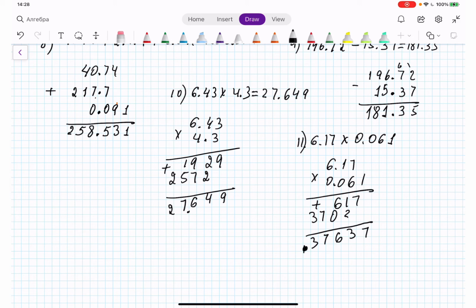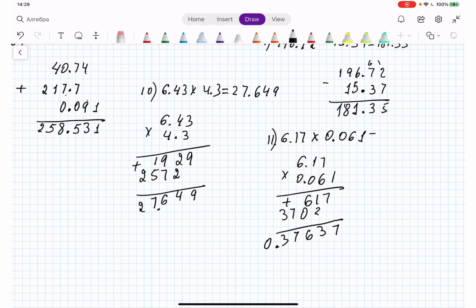I know in many cases they don't enforce putting 0, but I highly recommend always putting 0, because if you don't put 0, this dot may be seen or not seen, and the result can be taken wrong. So just put that 0 and be safe. 0.37637.